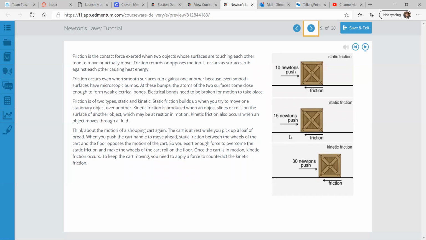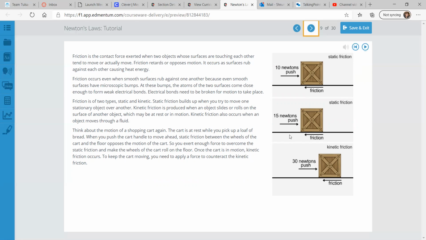Think about that shopping cart again. The cart is at rest while you pick up a loaf of bread. When you push the cart handle to move ahead, static friction between the wheels of the cart and the floor opposes the motion of the cart. So you exert enough force to overcome the static friction and make the wheels of the cart roll on the floor.